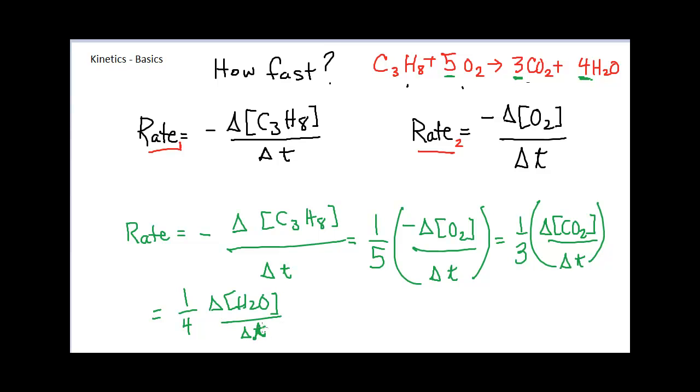I could use this, for example, if I was monitoring the C3H8 concentration change versus time: I could calculate what the CO2 concentration change versus time would be by using this equivalence. For every one of these that disappears, 3 CO2 appear, and I could solve for the change in concentration of CO2 with respect to time, for example.